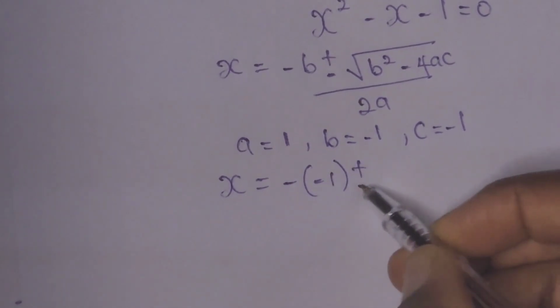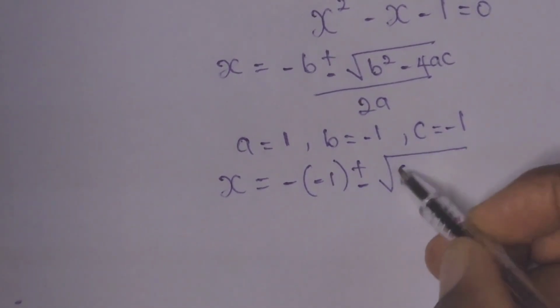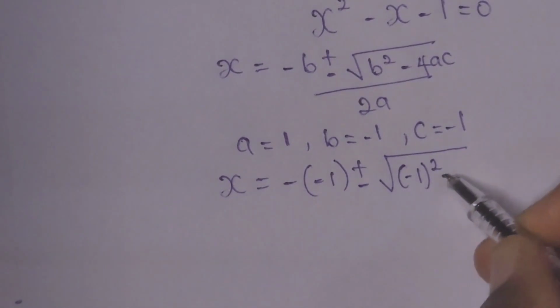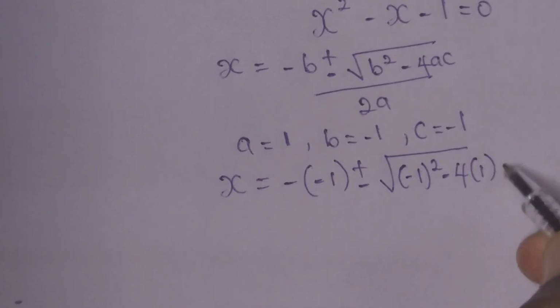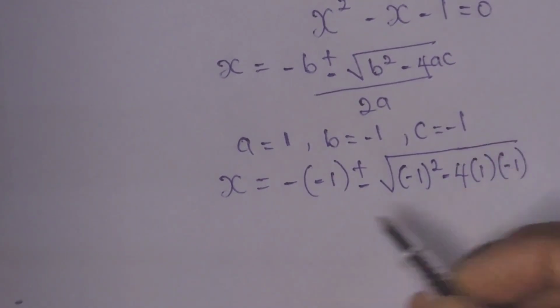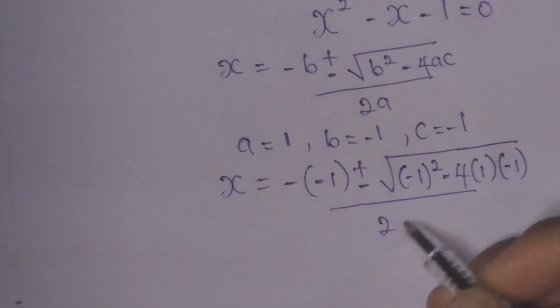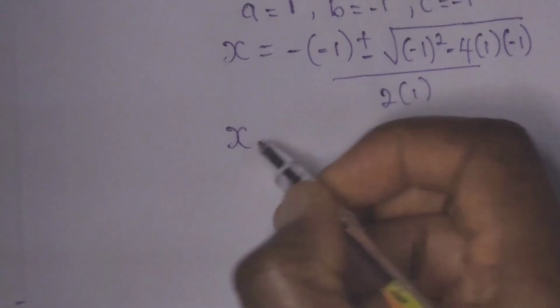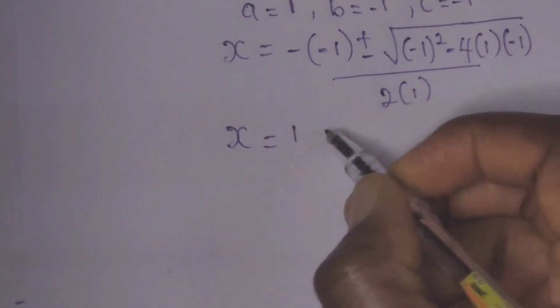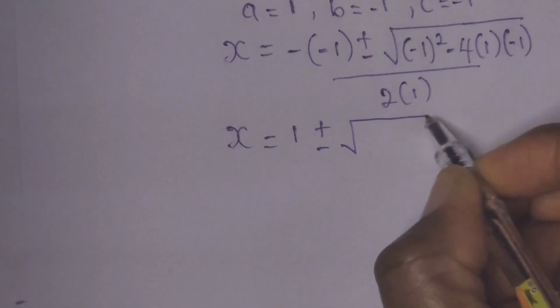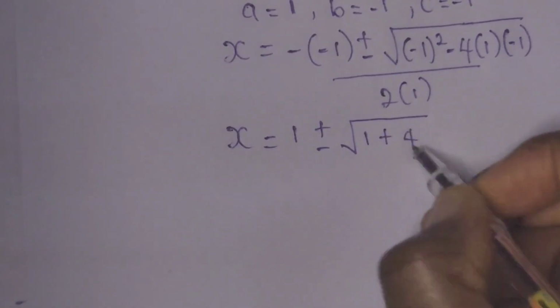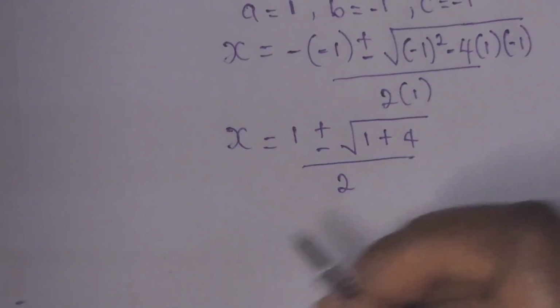So when we input these values, we have x to be equal to minus minus 1 plus or minus the square root of, our b is minus 1 all squared minus 4 times 1 times minus 1, all over 2 times 1. We have x to be equal to 1 plus or minus the square root of 1 plus 4, all over 2.